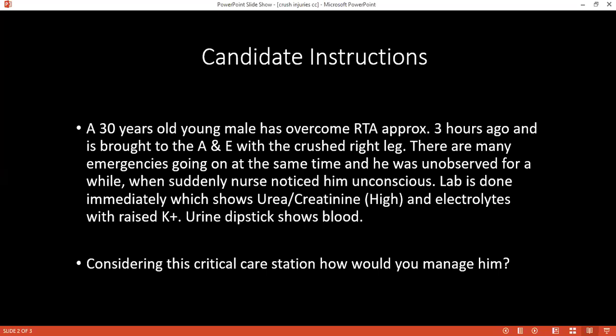How would you categorize the shock? At what category of shock is the patient going through right now? Okay, so for hypovolemic shock, the patient is unconscious, so you know the level. So for unconsciousness, it can be stage 4.